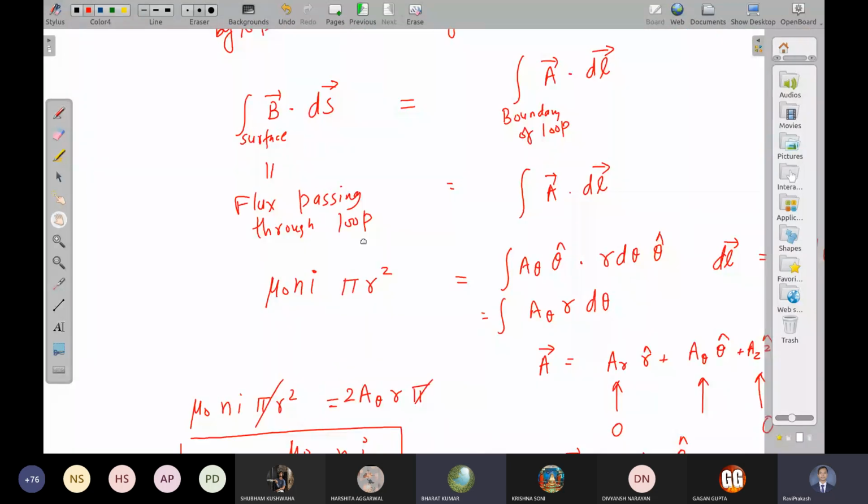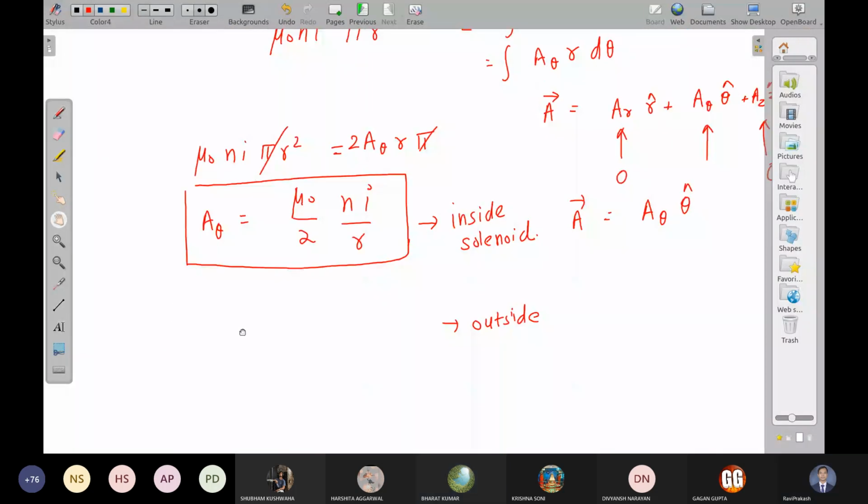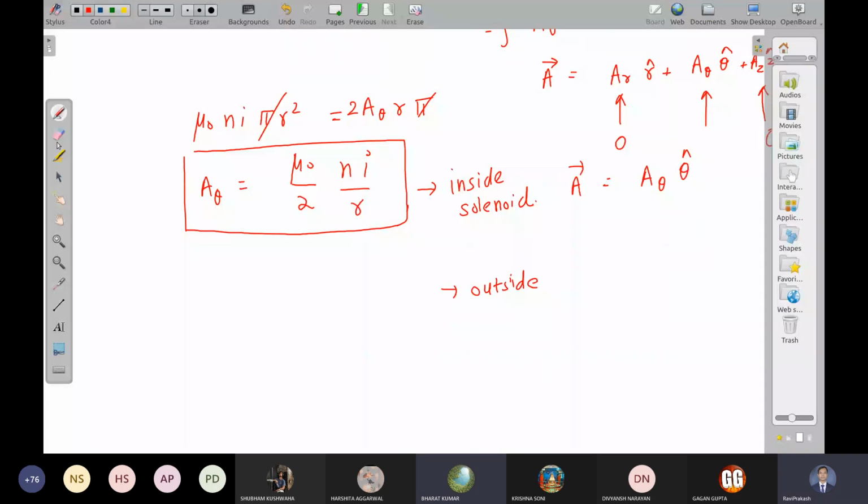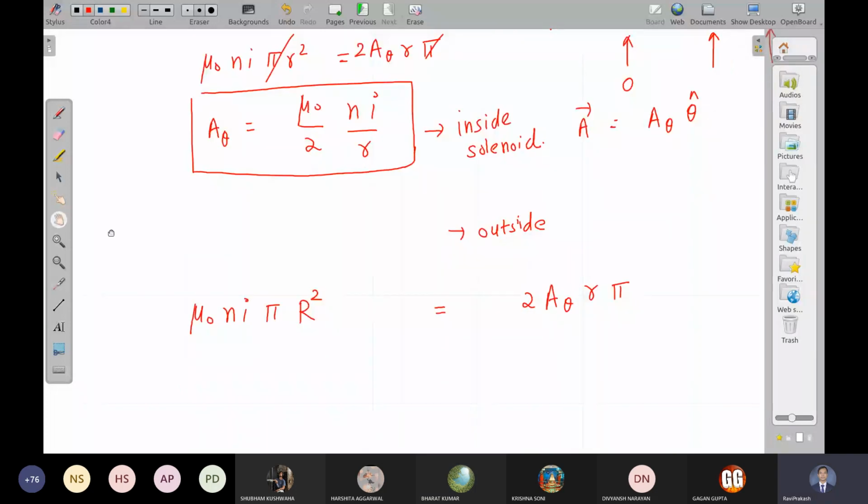So for outside, what is the left hand side? Mu naught n I pi R square. And what is the right hand side? Again A theta r into 2 pi. Right? So it will not be 0. And see, vector potentials are always a continuous function.